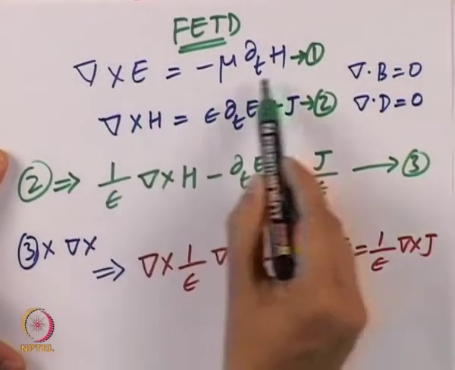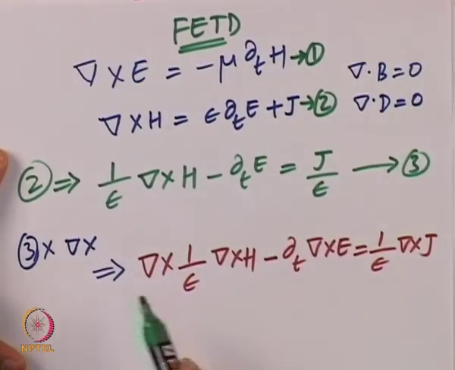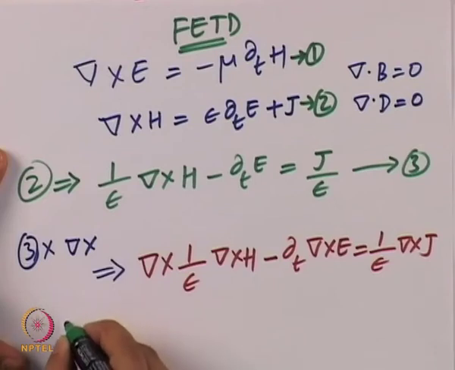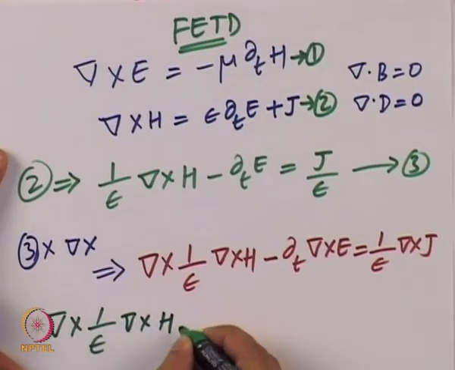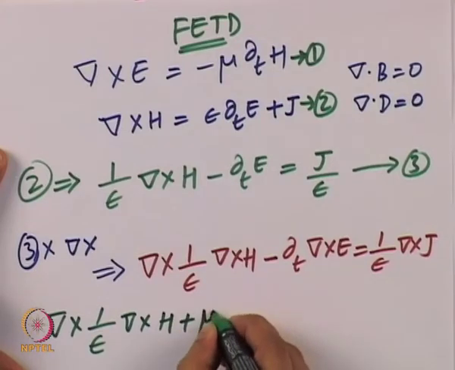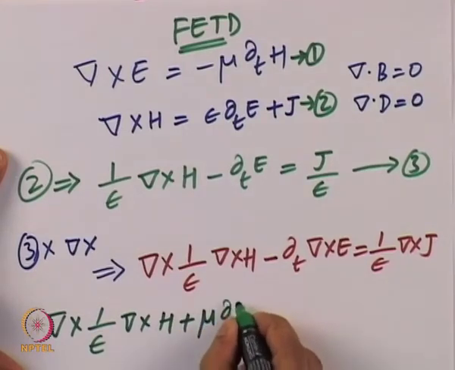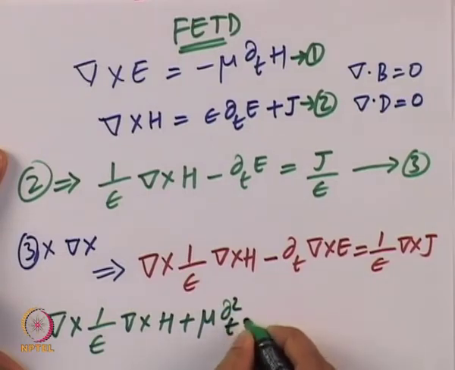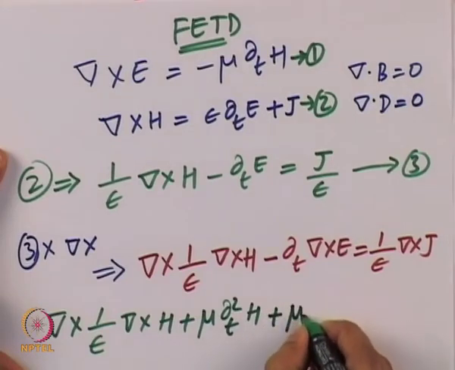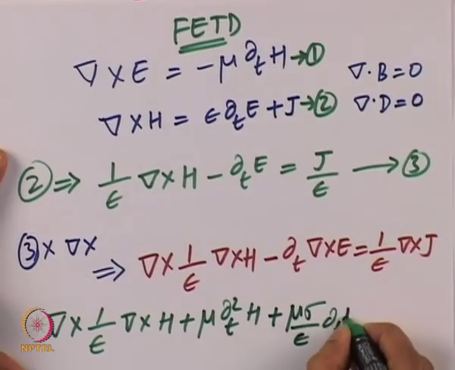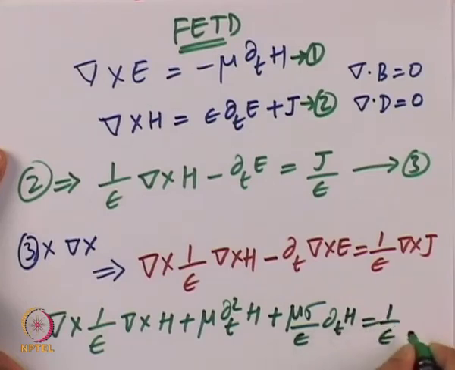I have the curl value which is here, and I am going to substitute it and write the equation only in terms of H. So what I will have is 1 by epsilon curl of H plus mu d square dt of H plus mu sigma dt of H is equal to 1 by epsilon curl of J.